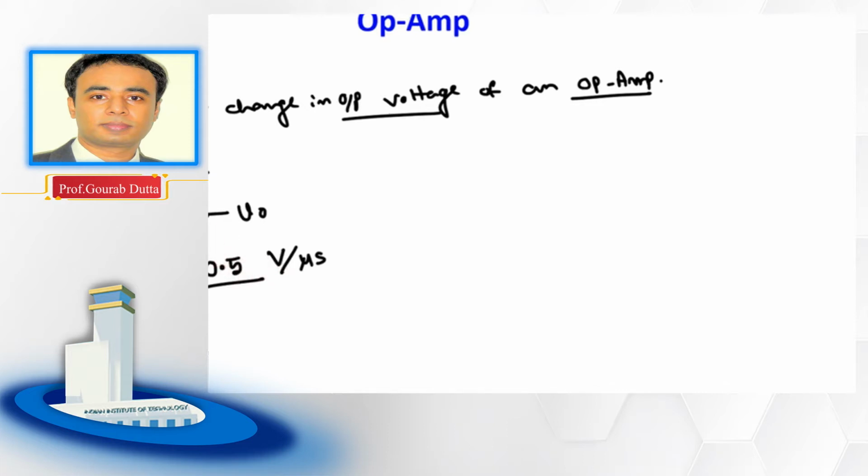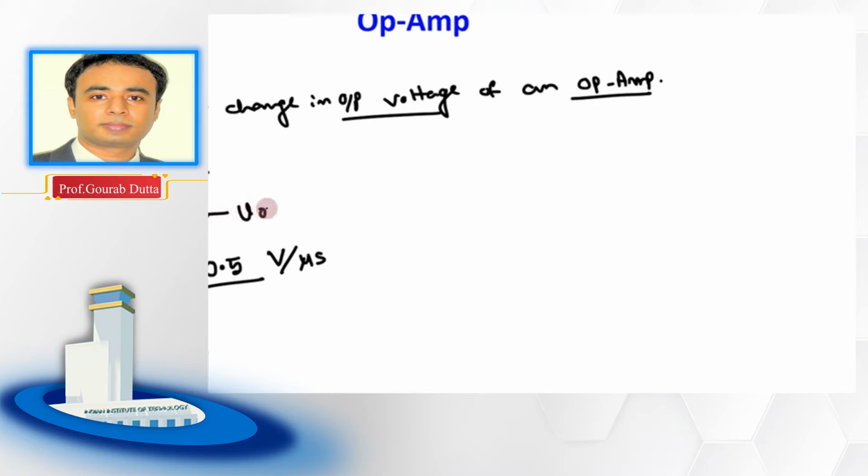And I think it is not very difficult to understand why there should be such a limitation, because this op-amp is actually constructed with different transistors. A transistor has its different stray capacitors, and that will create some delay. So the change in input will not be reflected at the output immediately.